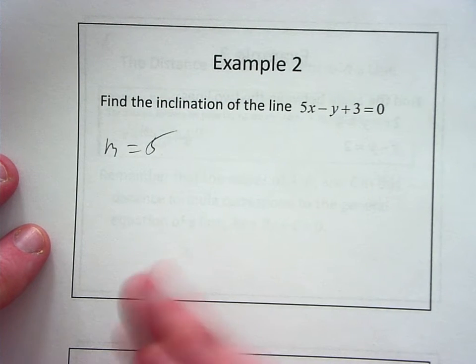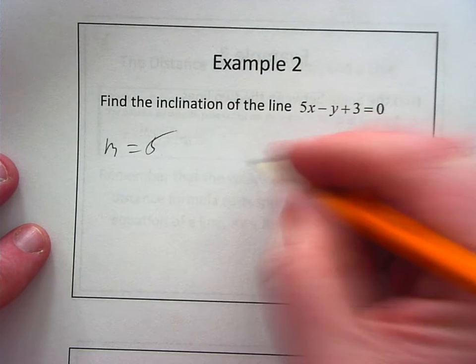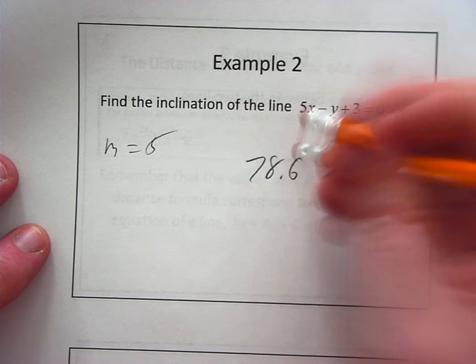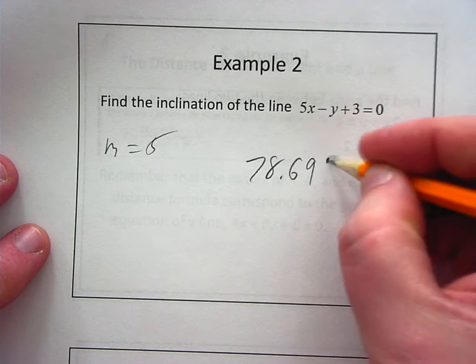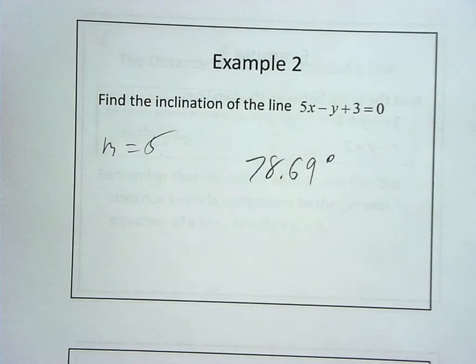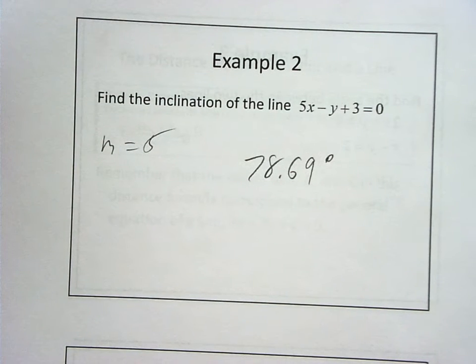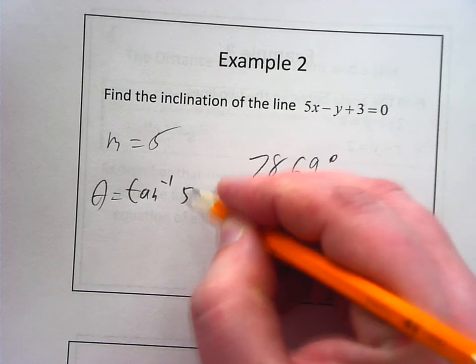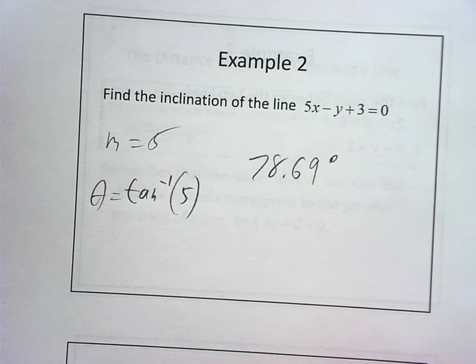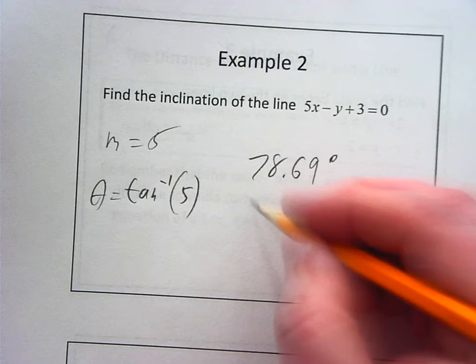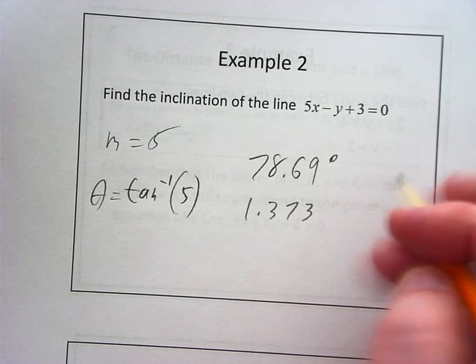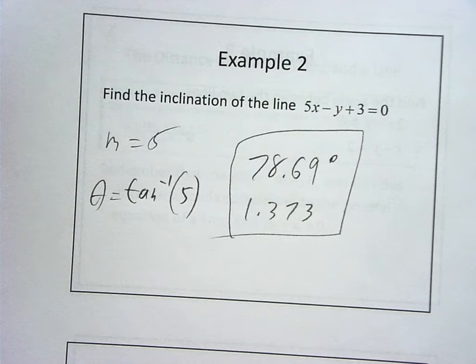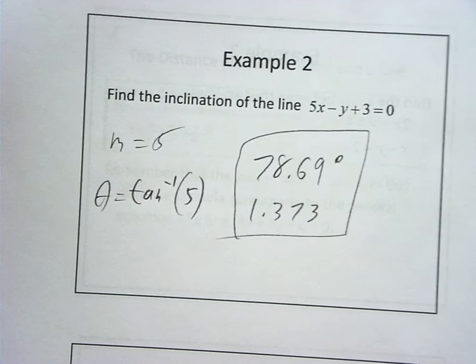So what do you get for the inclination? 78.69 degrees. What would that be in radians? What would you get in radians? Give me like 3 decimals. 1.373. So either one of those. Okay, so that's the angle for one line.